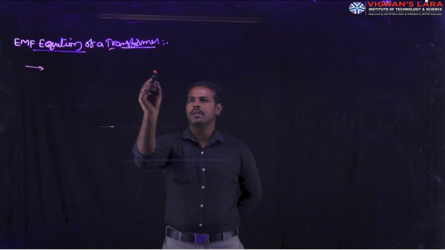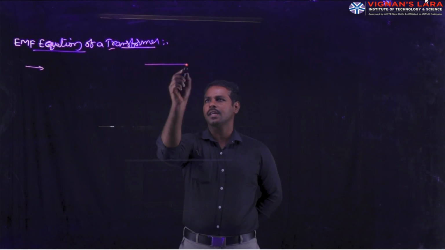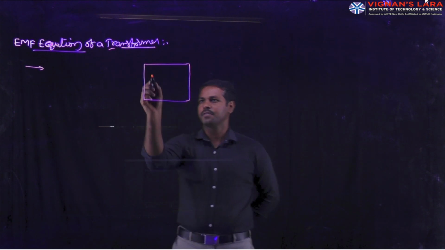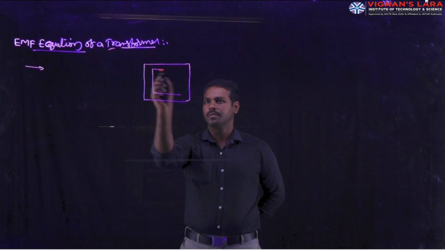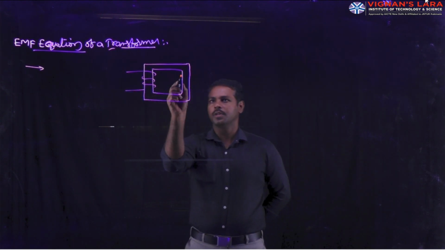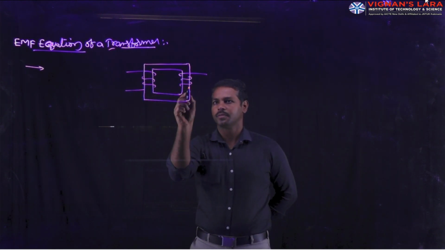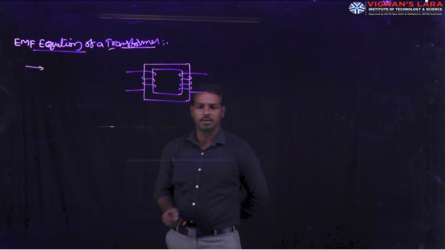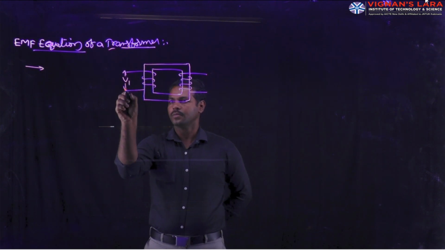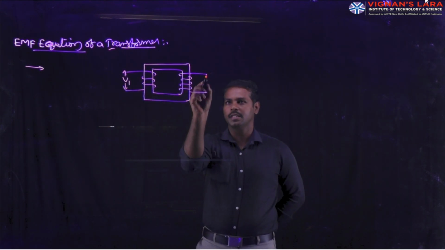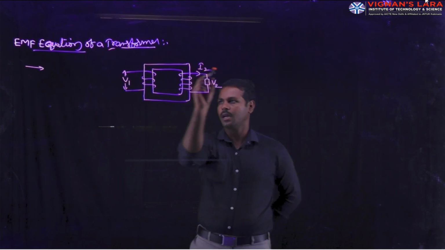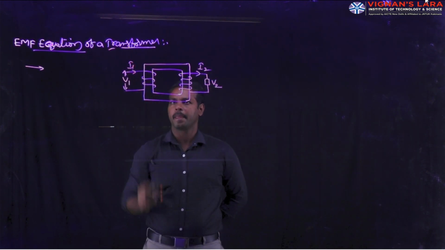First of all, we can draw the general circuit diagram of a transformer. This is the magnetic core. One is the primary winding, with voltage V1. The load voltage connected across the load is V2, with currents I1 and I2.